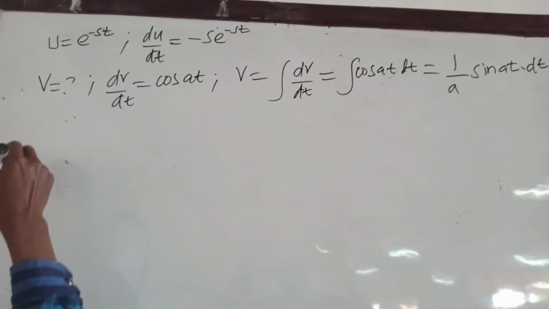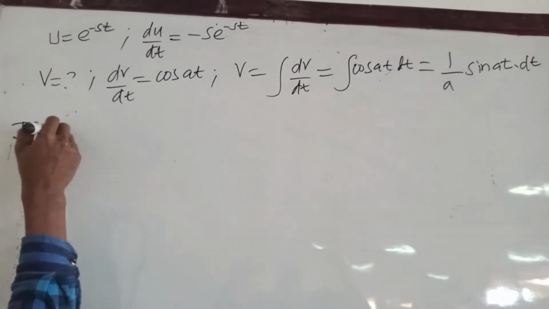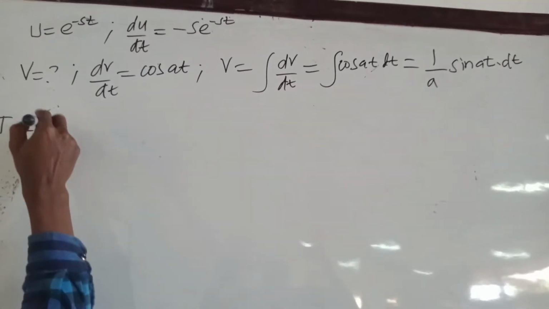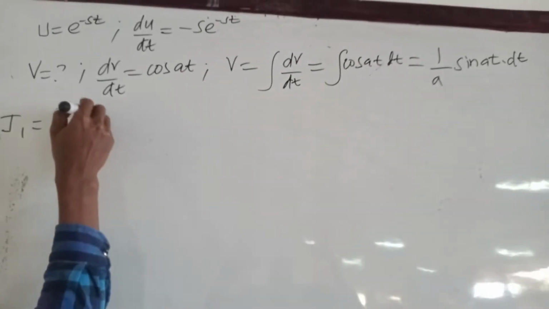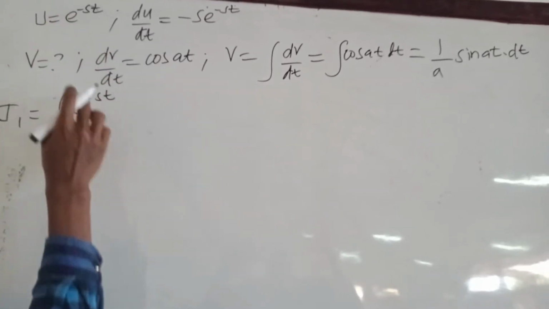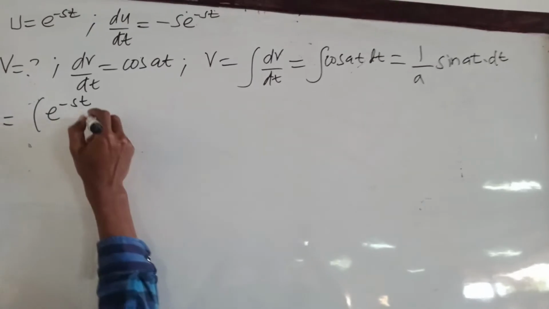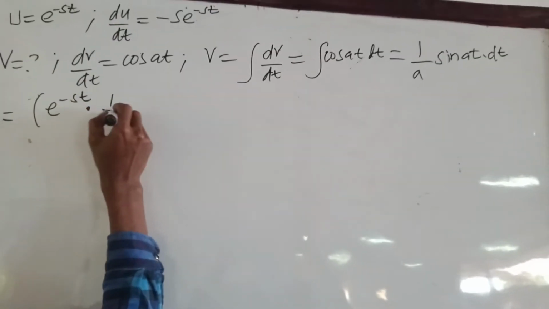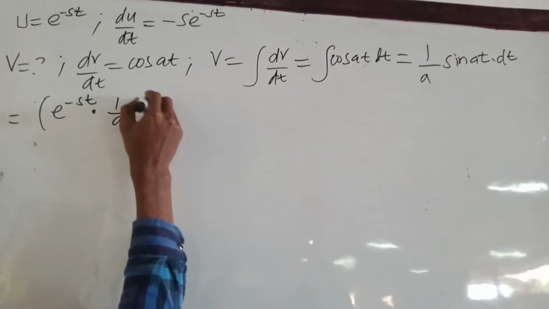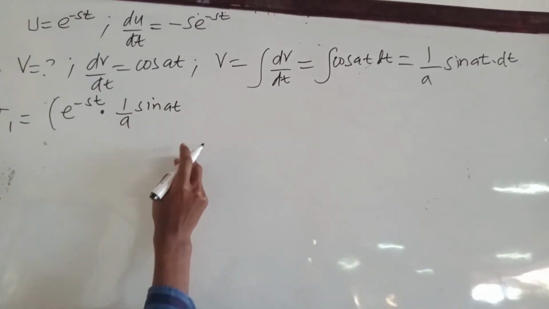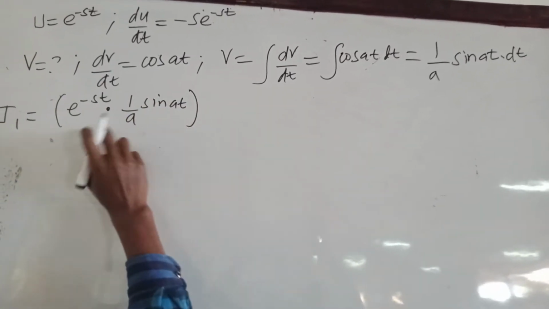So now we rewrite our I1 is equal to e to the minus st, this is our u, then uv, this one here, times 1 over a sine at. That is our uv now.